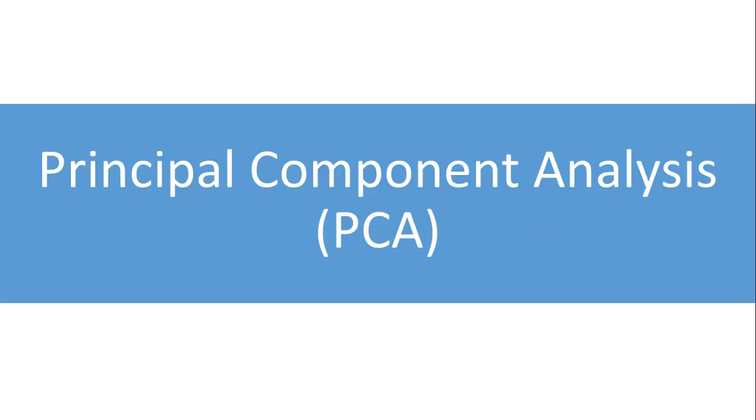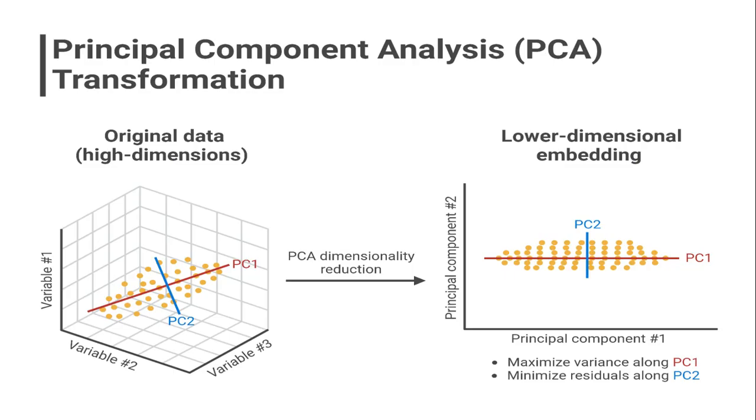Principal Component Analysis, PCA. PCA transforms the original high-dimensional data. You have 3 dimensions: variable 1, variable 2, variable 3. Inside you have PCA 1, PCA 2.